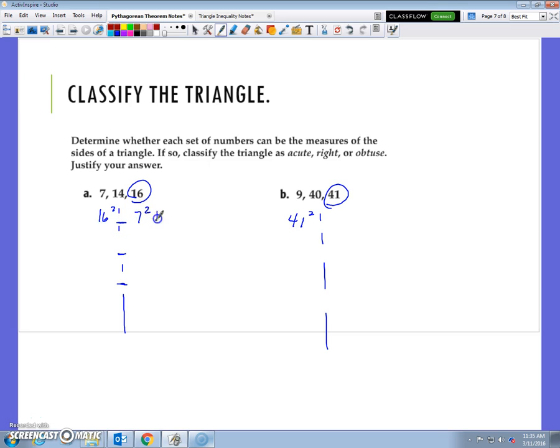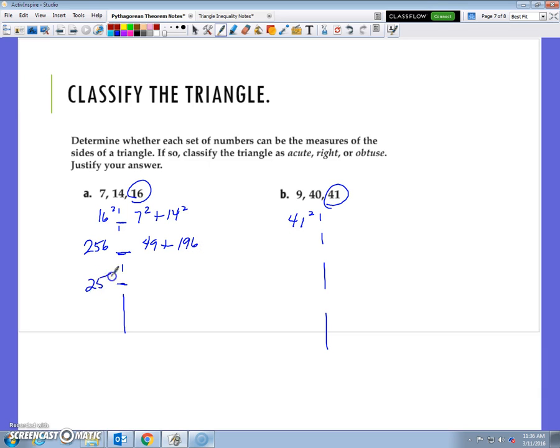So I know 7 squared plus 14 squared. I just happen to have a calculator right here, so I'll quickly do that. Is 256 greater than, less than, or equal to 49 plus 196?